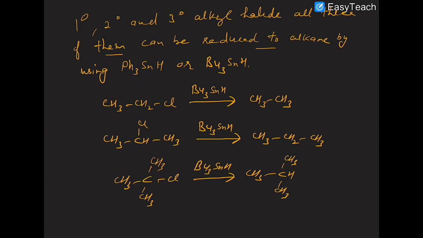But there is one substance, triphenyltin hydride or tributyltin hydride, which can reduce all three types of alkyl halide, whether primary, secondary or tertiary. So tributyltin hydride, trialkyltin hydride or triphenyltin hydride is one of the most excellent reducing agents for alkyl halides, because in all cases it will give you the corresponding alkane.